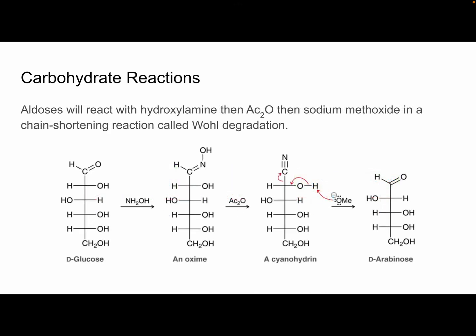You can also use hydroxylamine and then Ac2O with sodium methoxide to shorten your chain. The last one was lengthening the chain, now we're shortening the chain. So if you see NH2OH, then Ac2O, then methoxide, it could be sodium methoxide or just methoxide, you're going to be chopping off the chain.